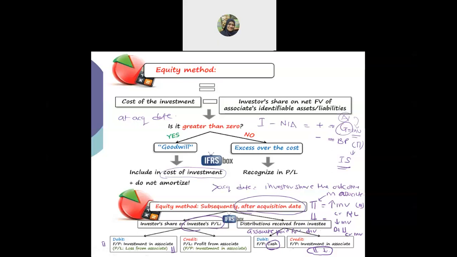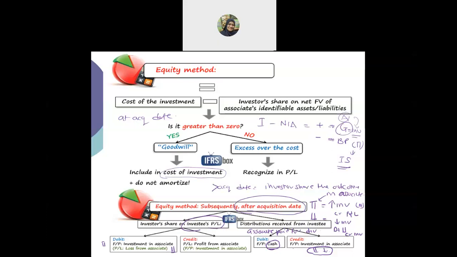Subsequently, after the acquisition date, any outcome from the associate is going to affect the investor. If the associate has income, it's going to increase the investment. If the associate has a loss, it's going to reduce the investment.